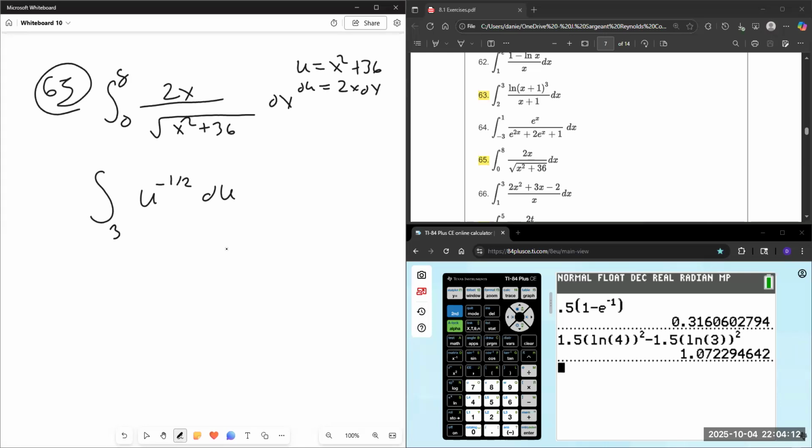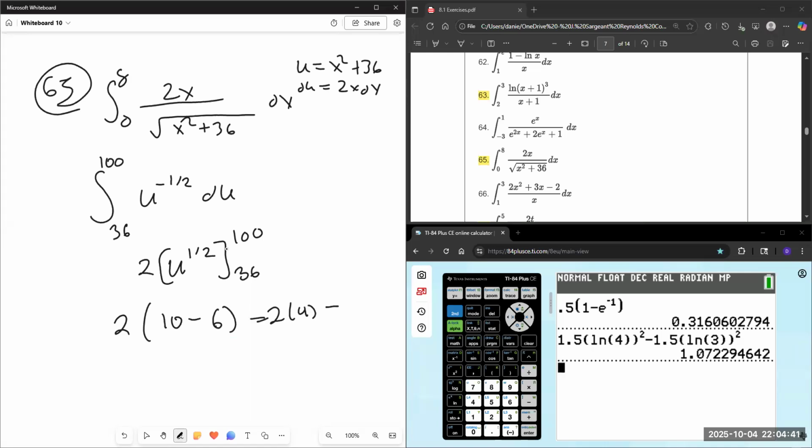Sticking 0 in for x to calculate its u value, and sticking 8 in for x to calculate its u value. This is going to be u to the 1/2 times 2, evaluated from 36 to 100. So 2 times the square root of 100 is 10, minus the square root of 36 is 6. 2 times 4 is 8.